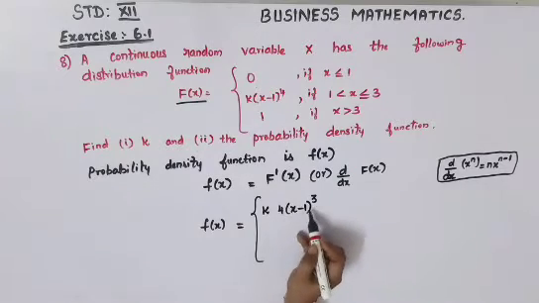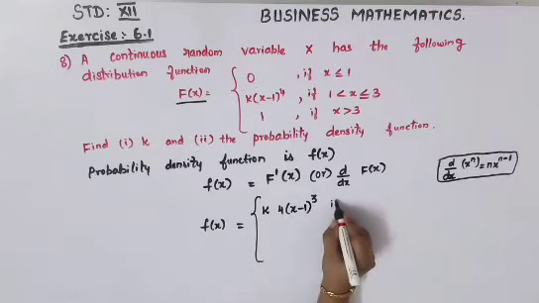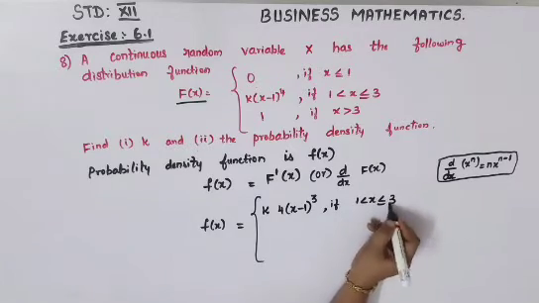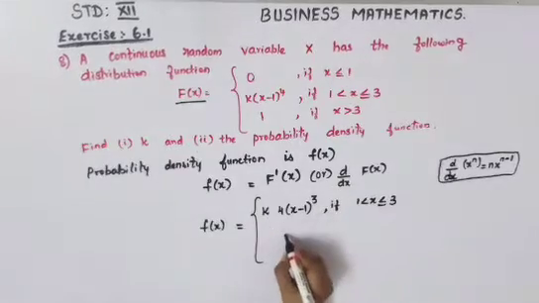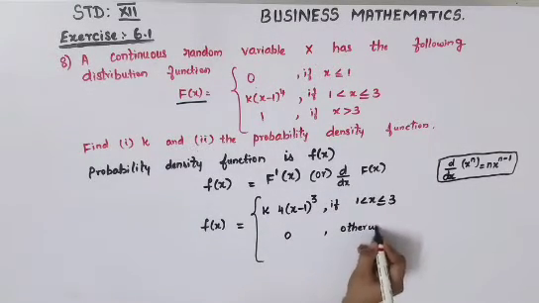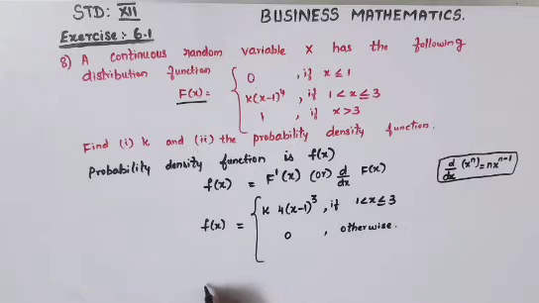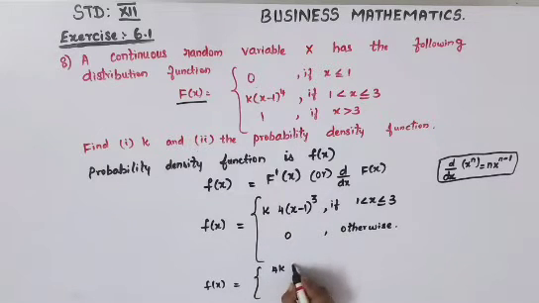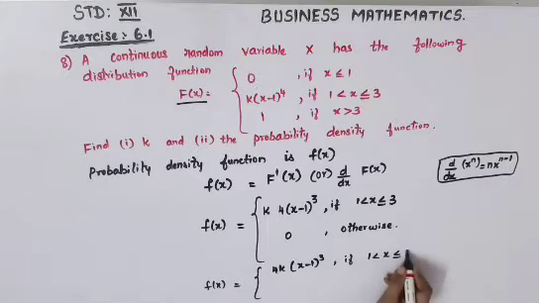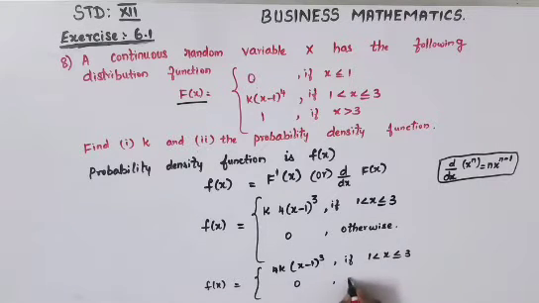So 4 into (x minus 1) the whole cube if 1 is less than x less than or equal to 3, and 0 otherwise. So f of x is equal to 4k into (x minus 1) the whole cube if 1 is less than x less than or equal to 3, and 0 otherwise.